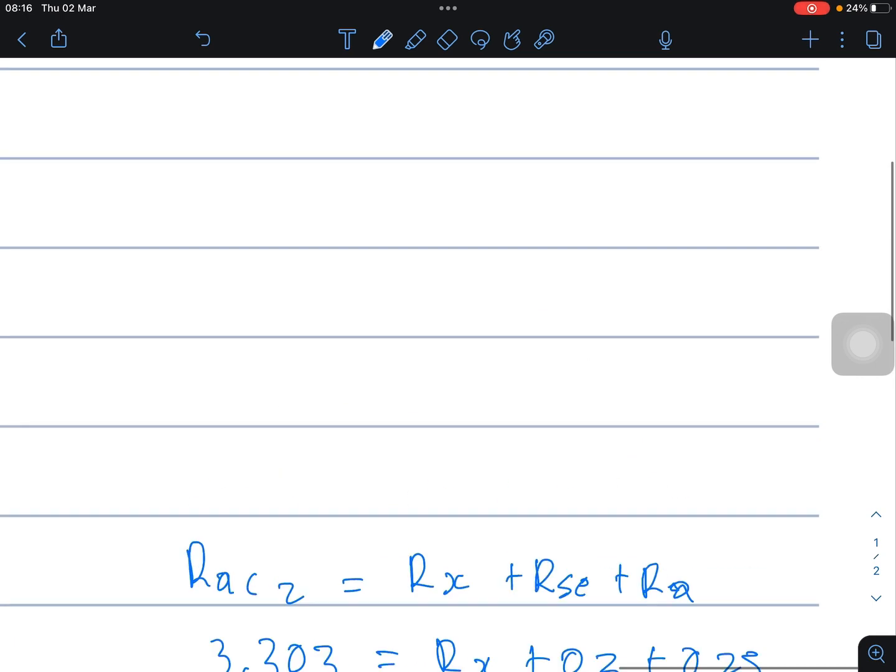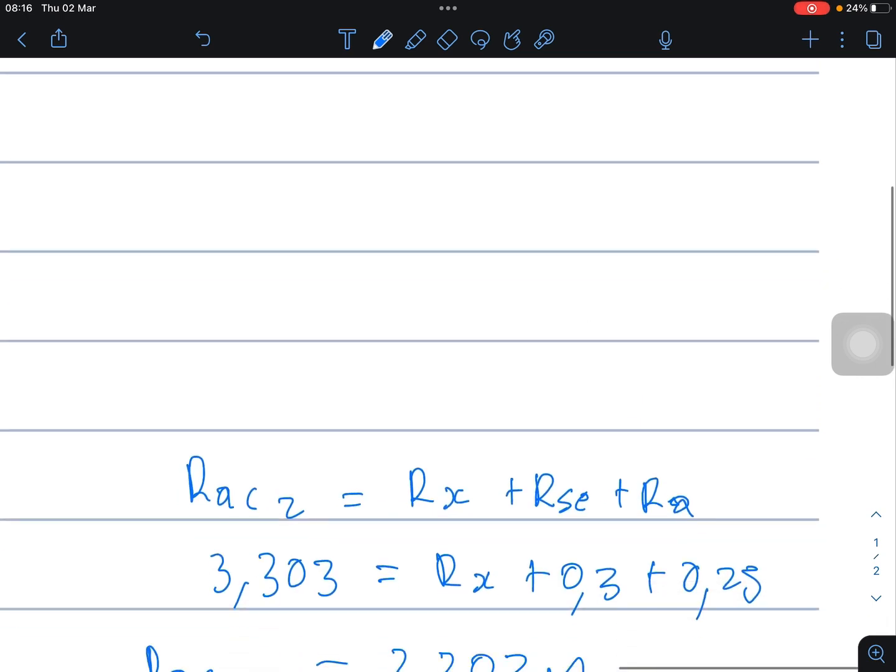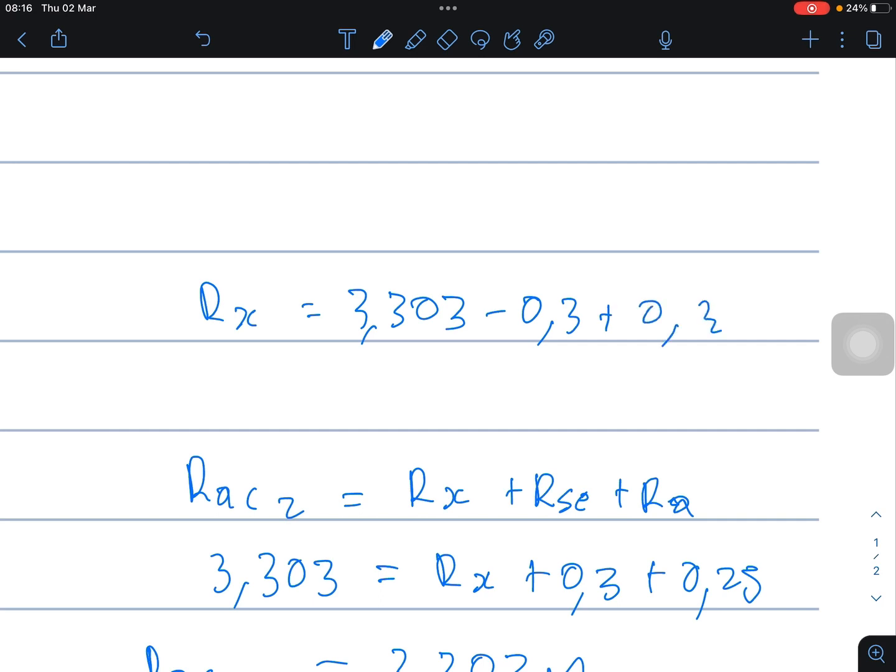Then that means RX is equals to 3.303 minus 0.3 minus 0.25.